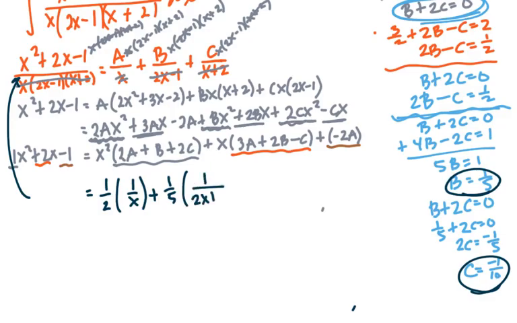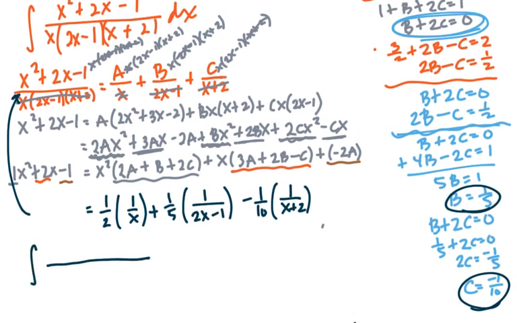It's just easier to work with. 1 over 2x minus 1. And C is minus 1/10. And we have 1 over x plus 2. So now we can replace the integral. So the integral says x squared plus 2x minus 1 over x times 2x minus 1 times x plus 2 dx.